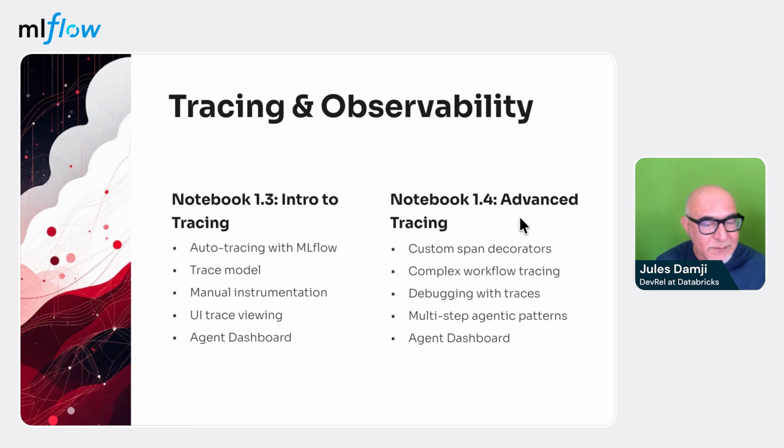And MLflow has an ability to do some auto tracing, as well as the ability for you to do some manual tracing. So notebooks 3 and 4 give you an advanced way of looking at how you can structure your agents so that everything is tracked. And then you can look at the dashboard to see what agents did what and where, what calls were made, how long it took the agent to make them, what the latencies were, or whether there were any anomalies.